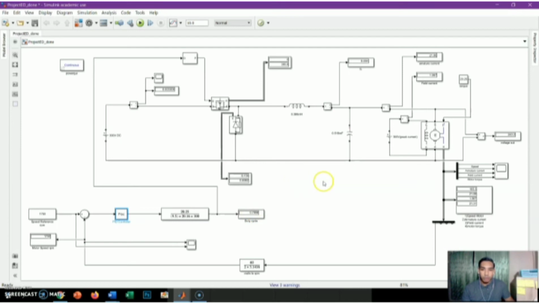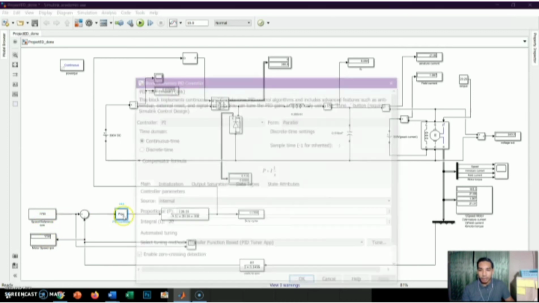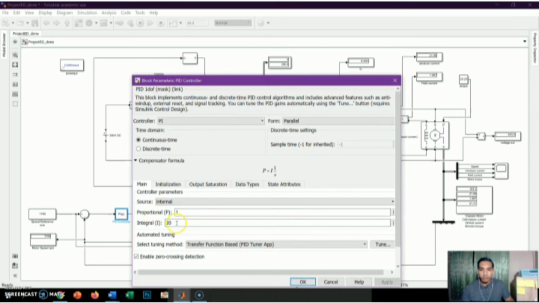The output voltage is equal to Vin times duty cycle, from the buck converter formula, and we get 240 based on calculation. So the voltage for the simulation is correct because it is the same as the calculation. Then the speed from the motor is 1750, the same as the speed reference after putting in the PI controller, which we set to 120.